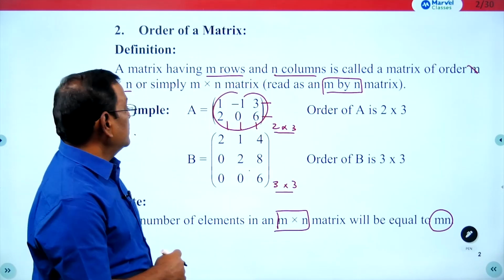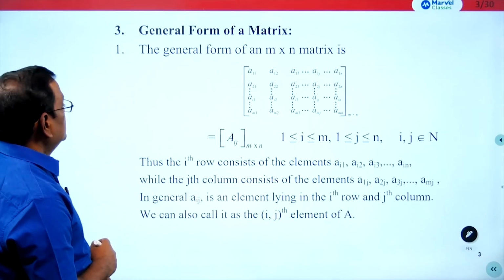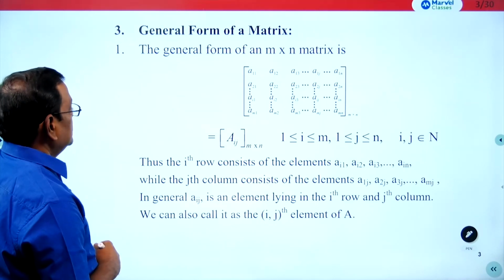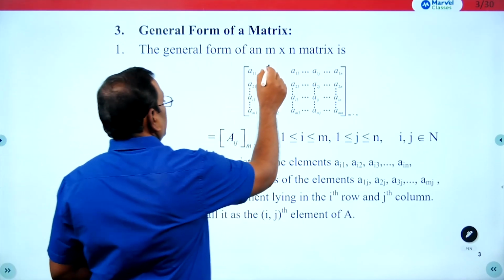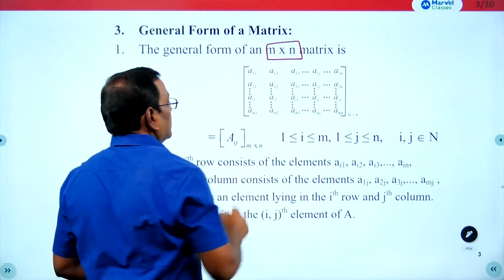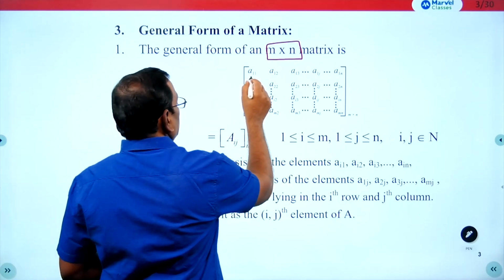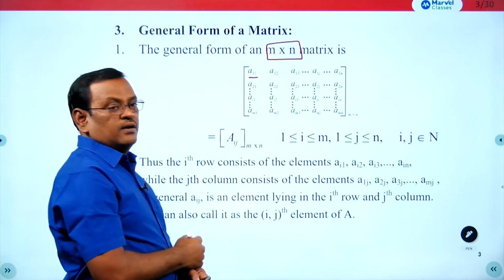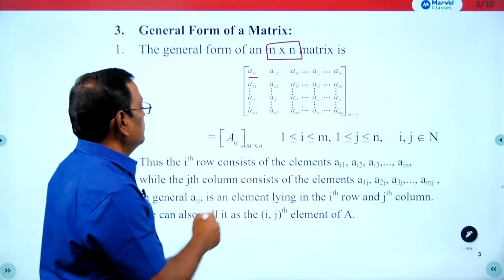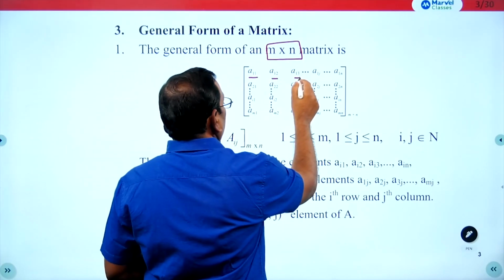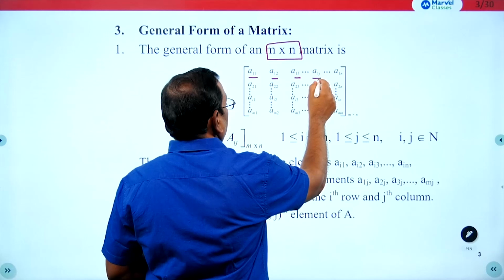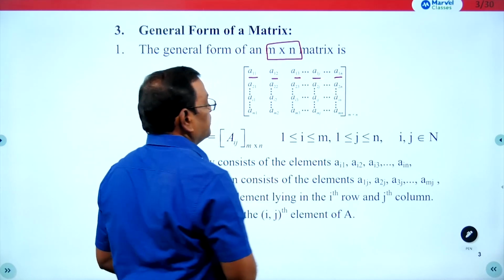Third, the general form of a matrix of order m by n. Here A11 denotes the element in the first row and first column: A11, A12, A13, and this is the general column, A1j, A1n.